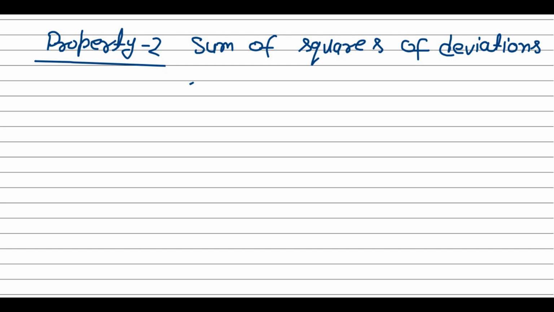It says that the sum of squares of deviations taken from the mean is minimum.